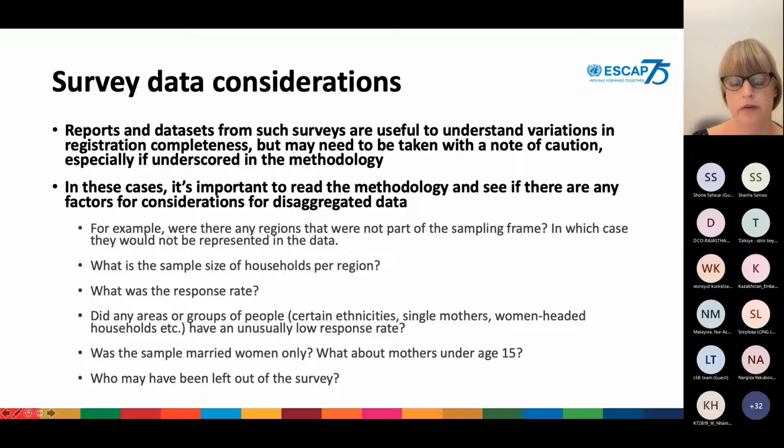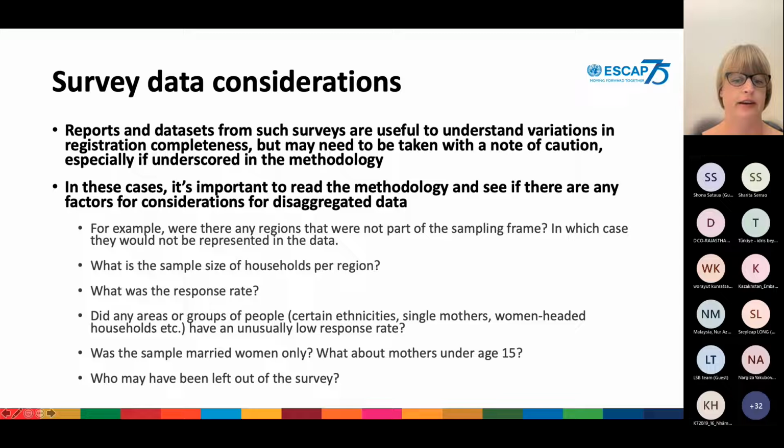Perhaps certain groups of people, maybe certain ethnicities or nomadic populations, single mothers or women-headed households, might not have responded to the survey. They might not have been home when enumerators came, and so their representation in the survey would not be as robust as some other populations. So we want to know what the response rate was for the subpopulations we're interested in.